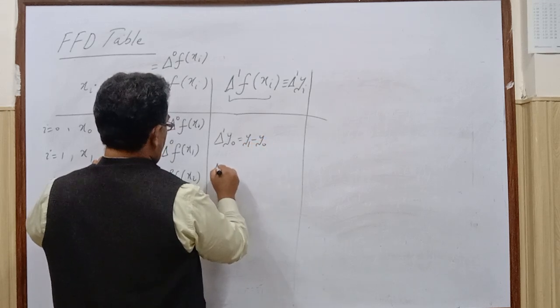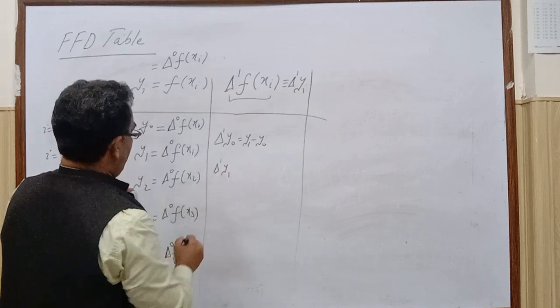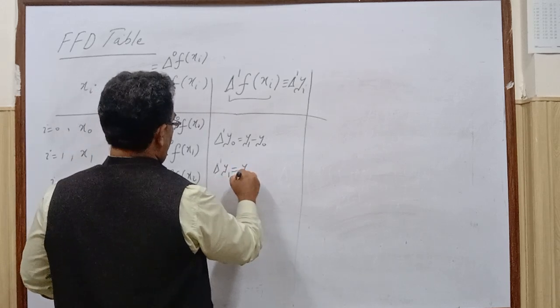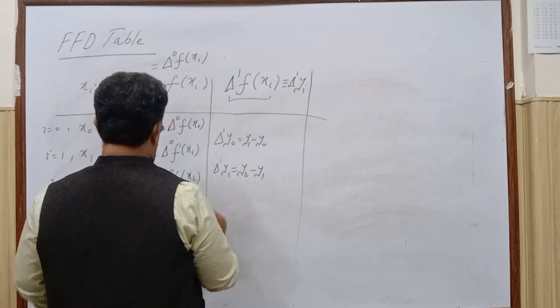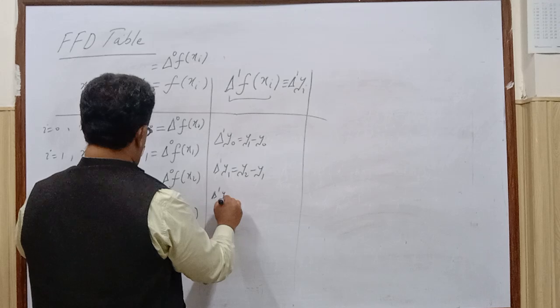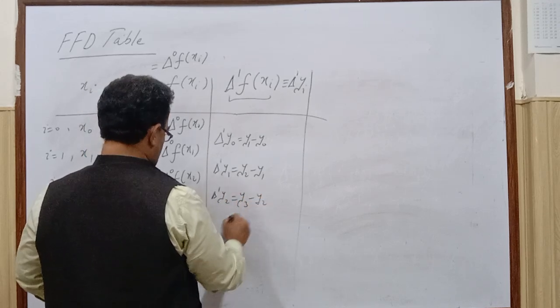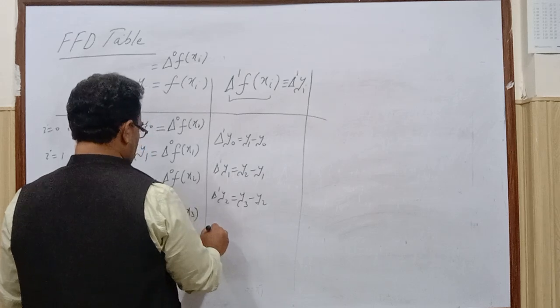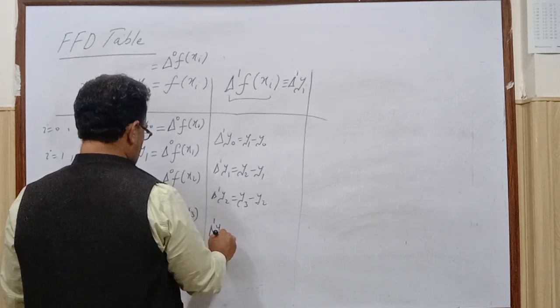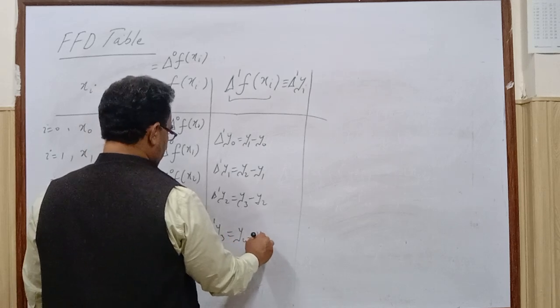And this is delta 1 y1, in between y1 and y2, and this will be written as y2 minus y1. Over here this will be delta 1 of y2, this will be y3 minus y2, and over here this will be delta 1 of y3, and this will be written as y4 minus y3.